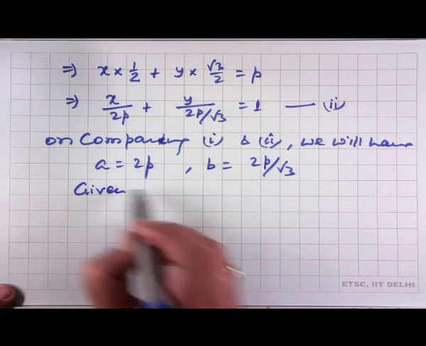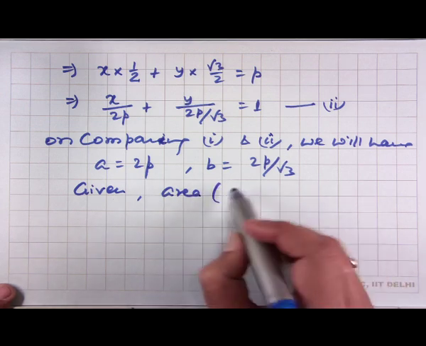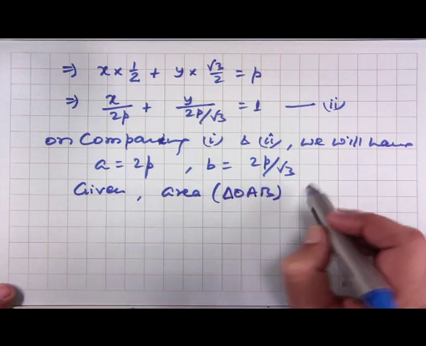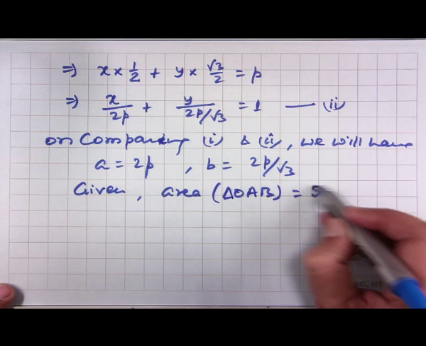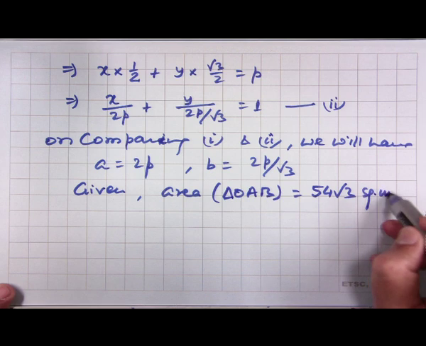Given area of triangle OAB equal to 54 root 3 square unit.